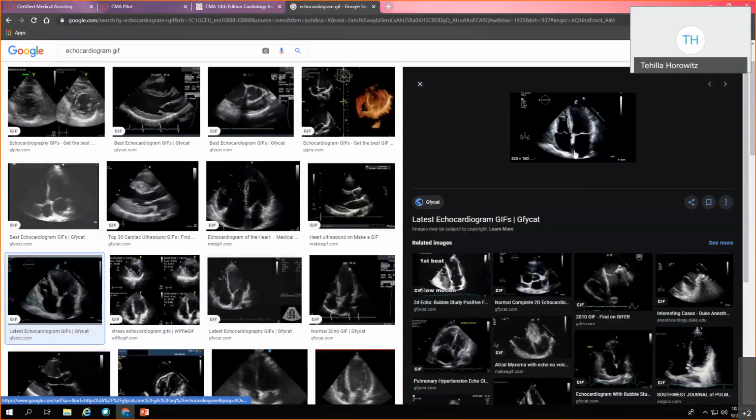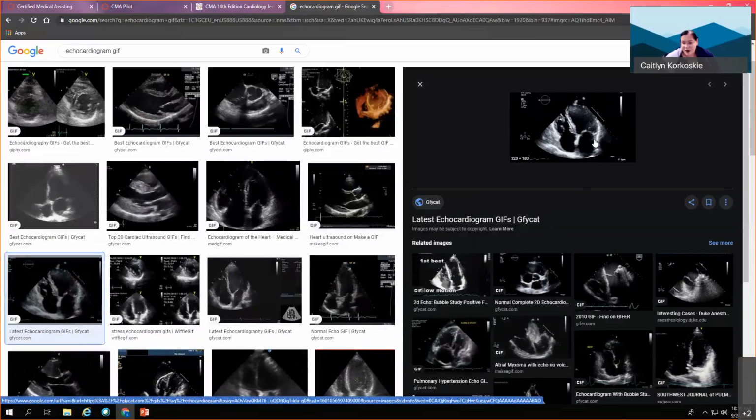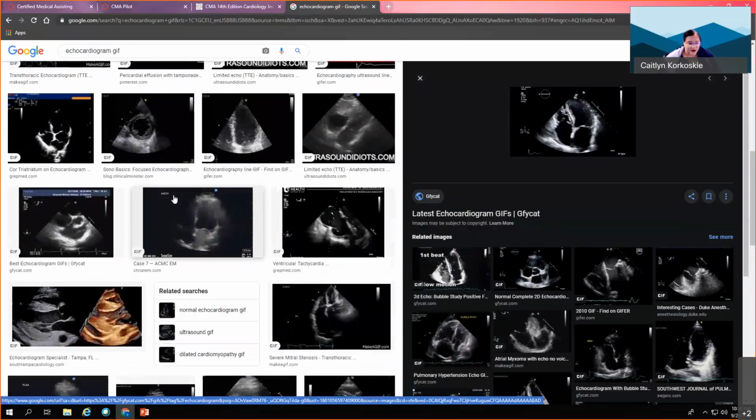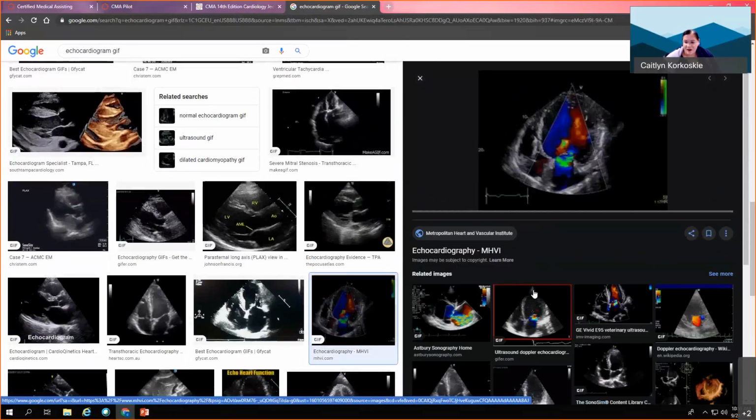This is an image of an echocardiogram, so it's showing the different ventricles, and then you can see the valves closing and opening. But when they do it where it has the color in it, here we go. This is showing the deoxygenated blood and then the oxygenated blood, how it's flowing through.